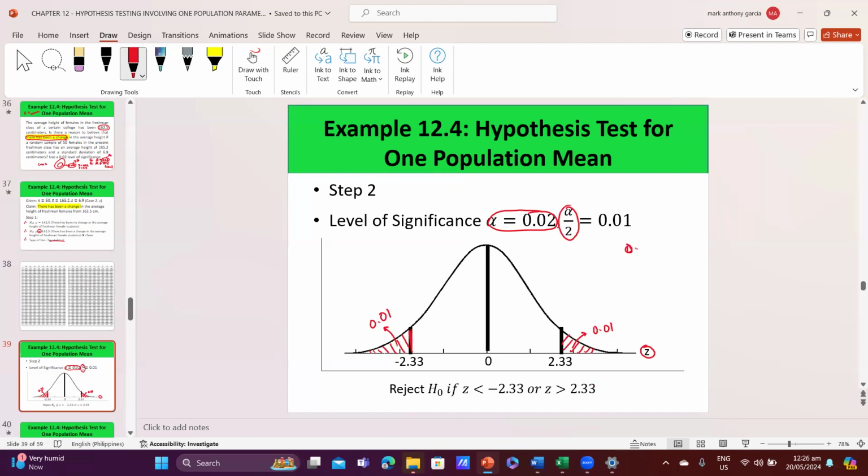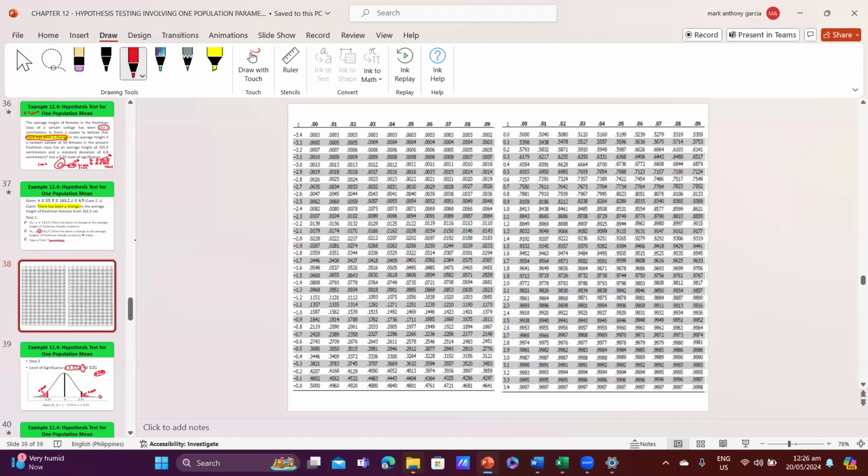So if we are going to read 0.0100 in the Z table, we will get the following Z score. So let us check where 0.0100 is here. 0.0100 is between 0.0102 and 0.0099.